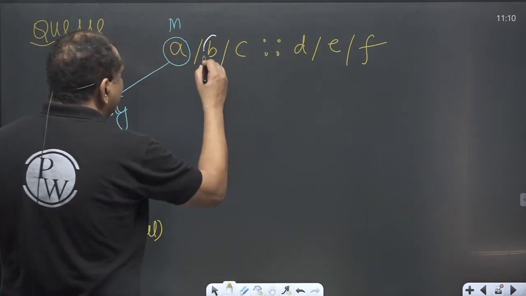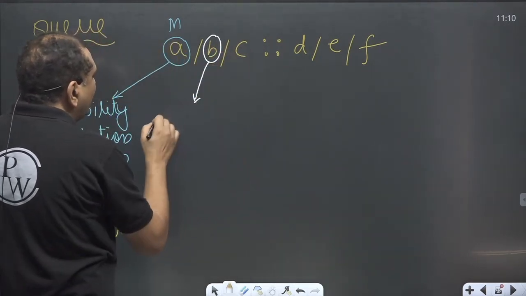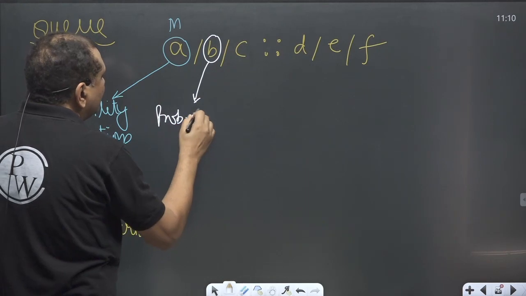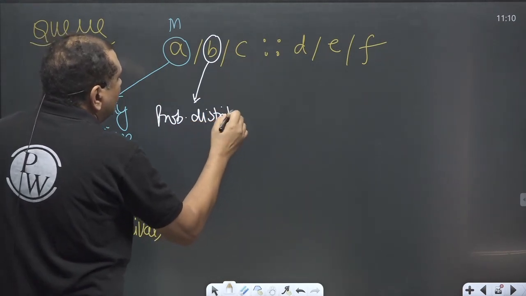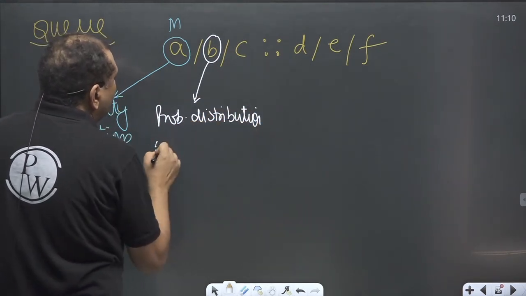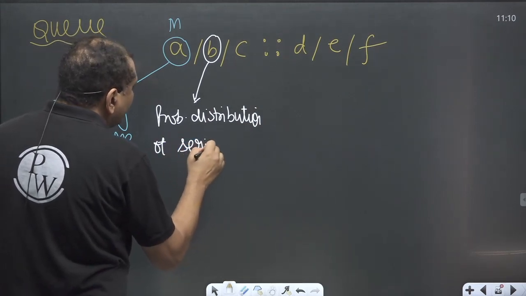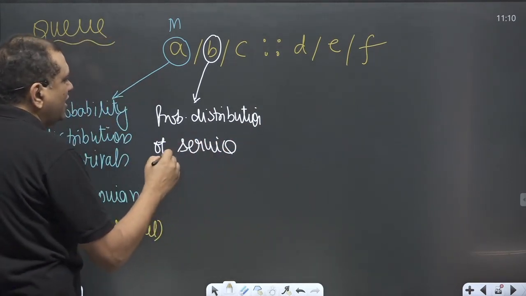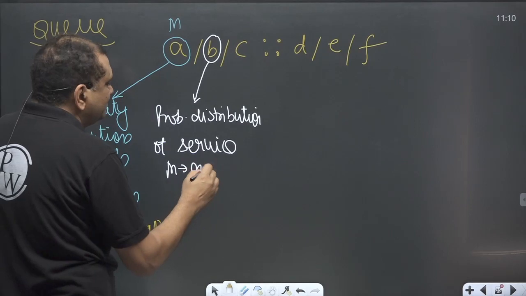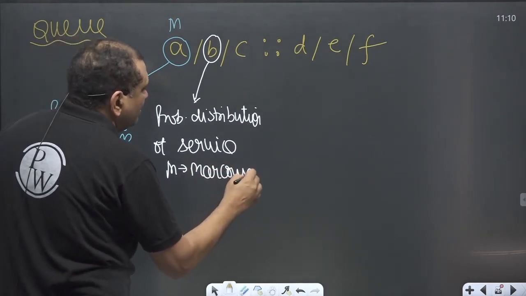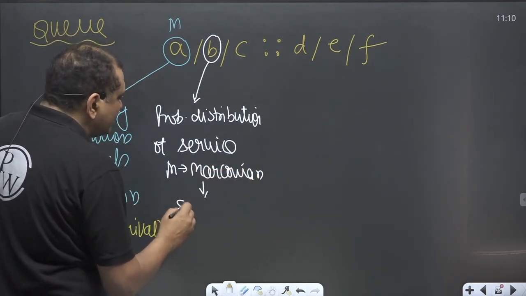Now the second is the probability distribution of service, and if it is M, Markovian, it means exponential service.